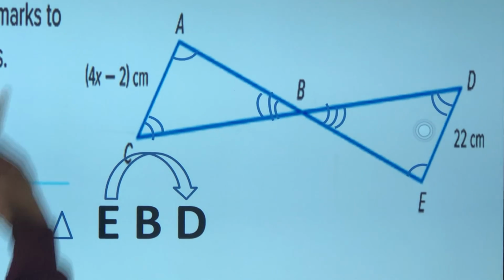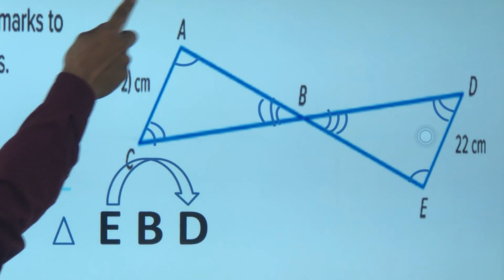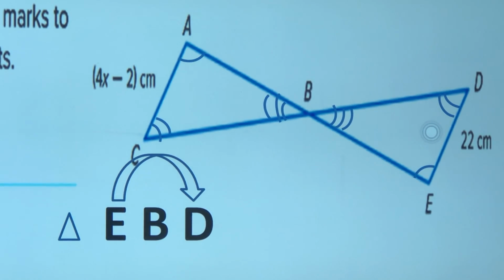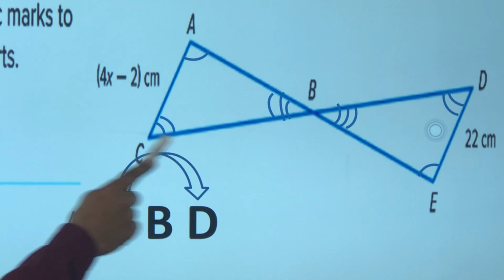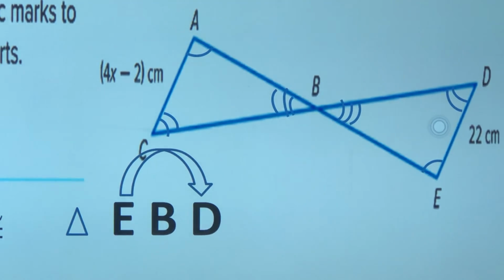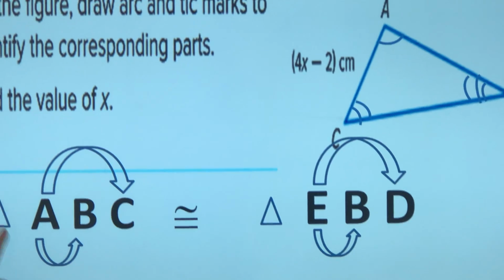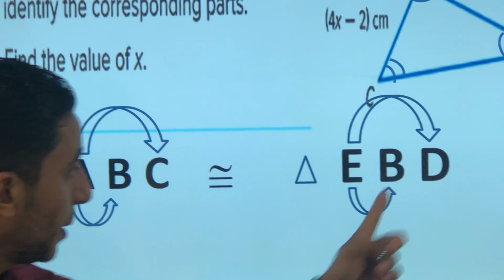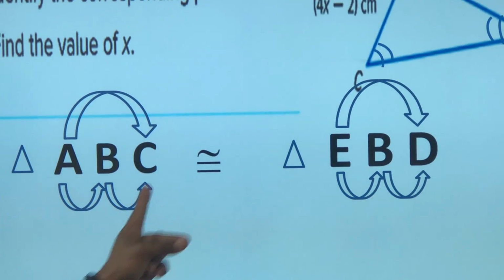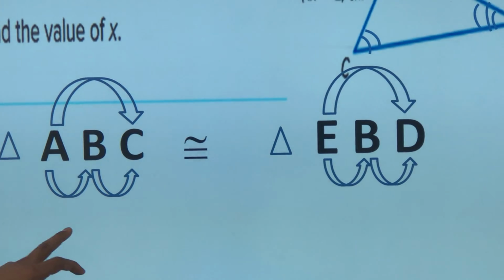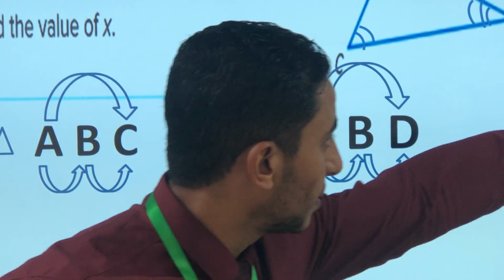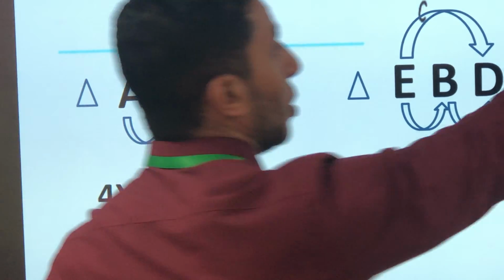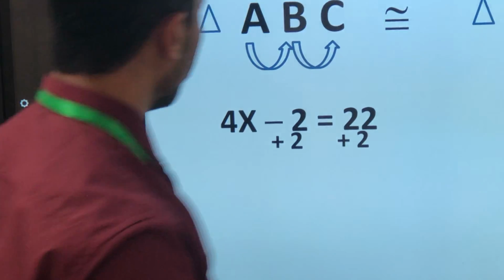We are given that triangle ABC is congruent to triangle EDB. So side AC equals side DE, and AB equals EB. If you start with the first two letters, A, B, so EB. And BC with BD. So I need this side with this side: 4x minus 2 is congruent to DE, which is equal to 22.